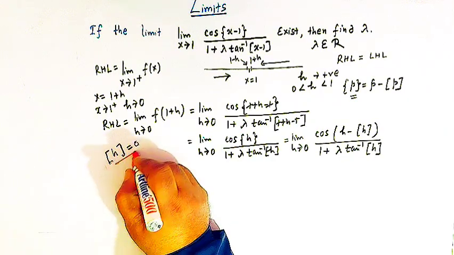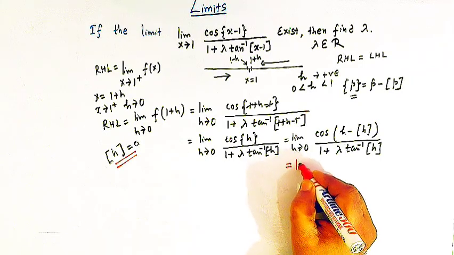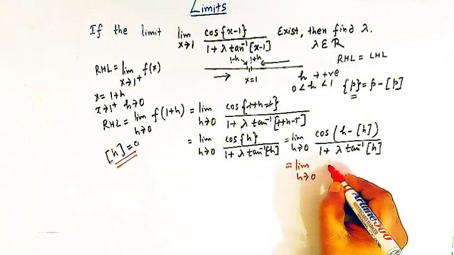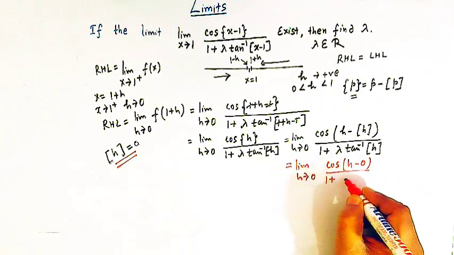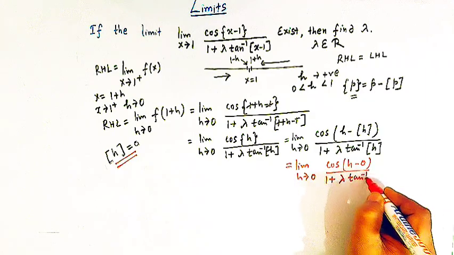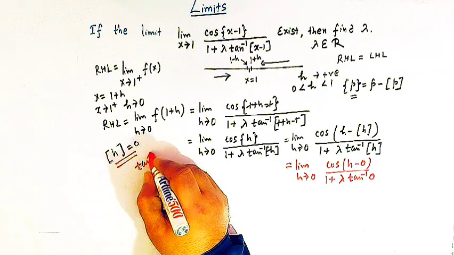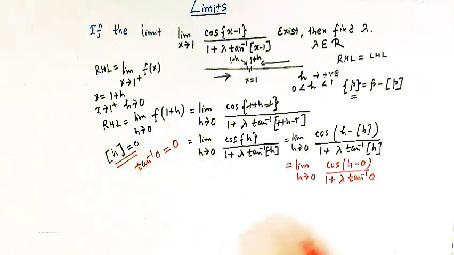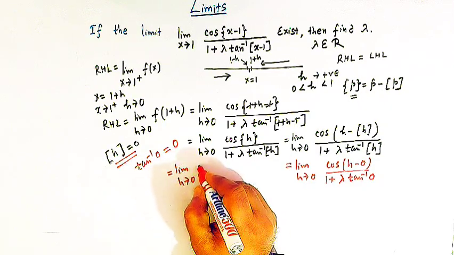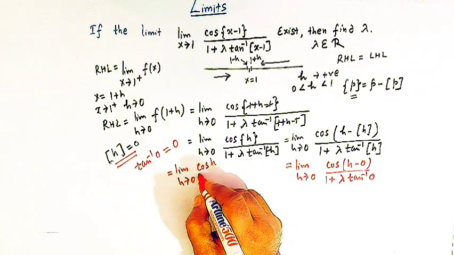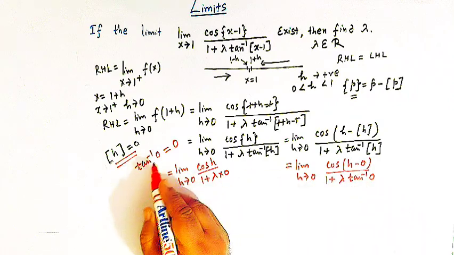Now taking the greatest integer of h equal to 0, we have limit h tends to 0 of cos h minus 0, divided by 1 plus lambda times tan inverse of 0. And tan inverse of 0 is equal to 0. So we have limit h tends to 0 of cos of h divided by 1 plus lambda times 0, because tan inverse 0 is 0.